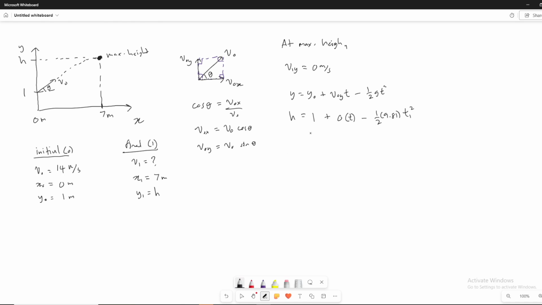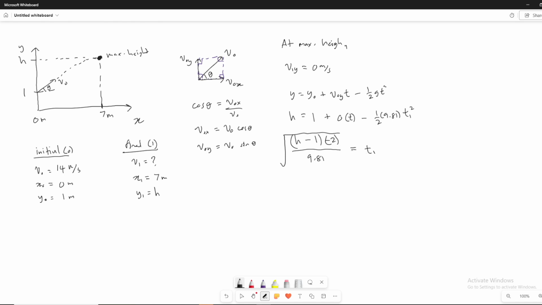So h minus 1 times negative 2 divided by 9.81 equals t1, under a square root.